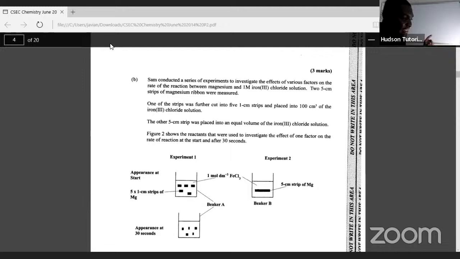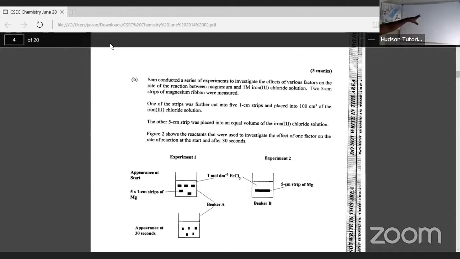The other 5 cm strip was placed into an equal volume of iron chloride solution. Figure 2 shows the reactants that were used to investigate the effect of one factor on the rate of reaction at the start and the end of 30 seconds, my bad.